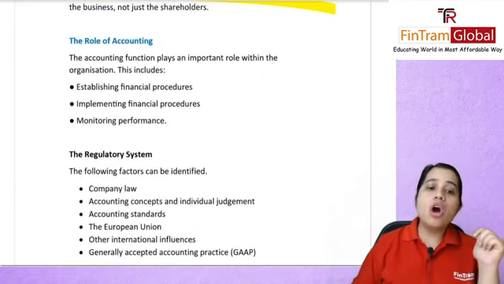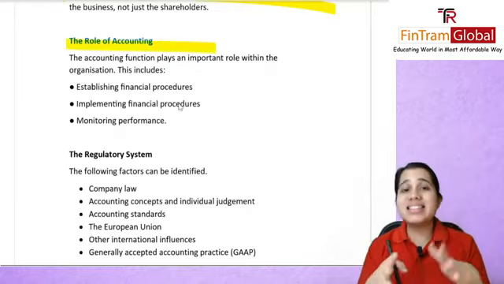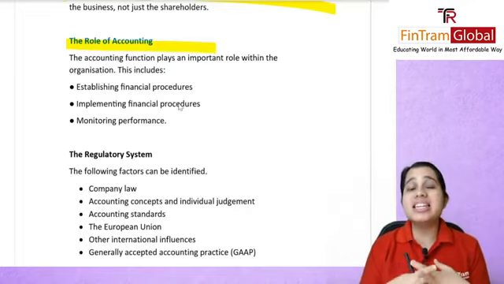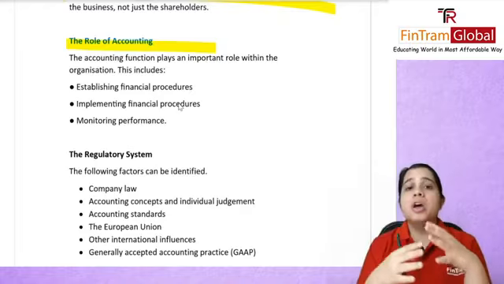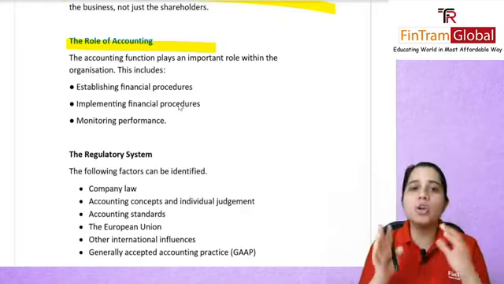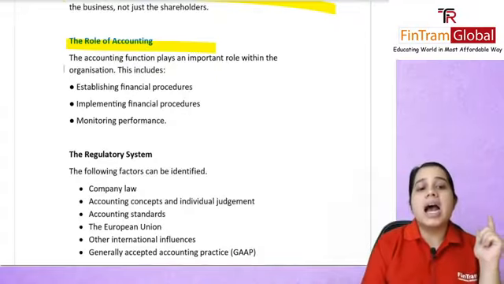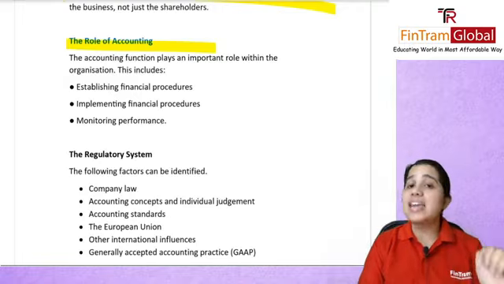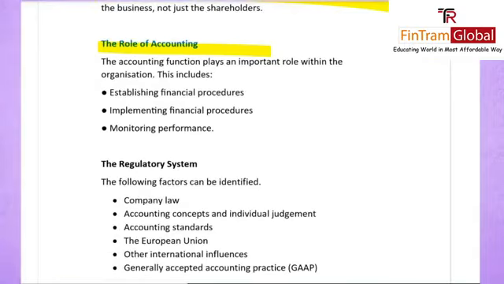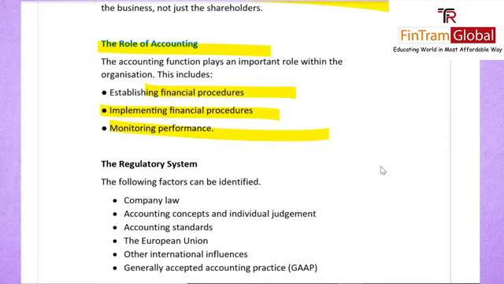Next, the role of accounting. If you remember, in this session we talked in much detail about what accounting was, the various processes that we have and all of that. So the accounting function will play an important role within an organization. This includes establishing and implementing your financial procedures, and finally monitoring your performance.